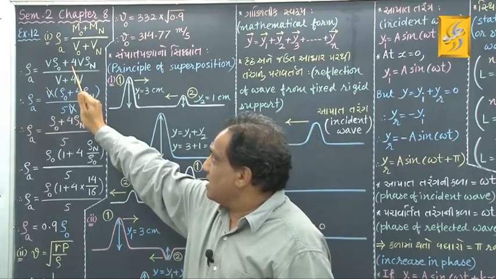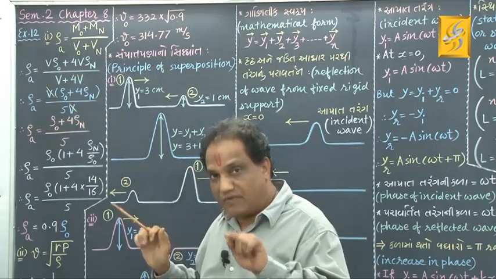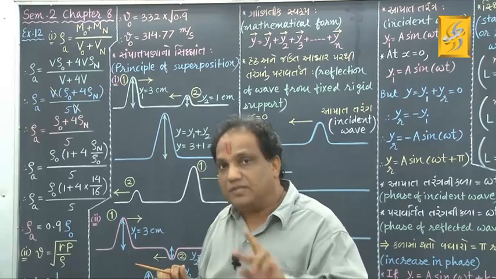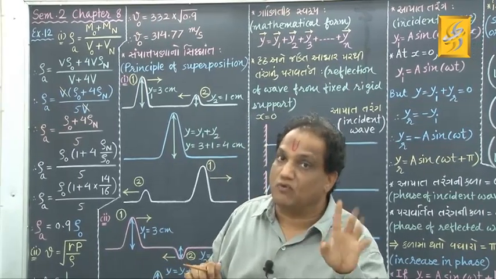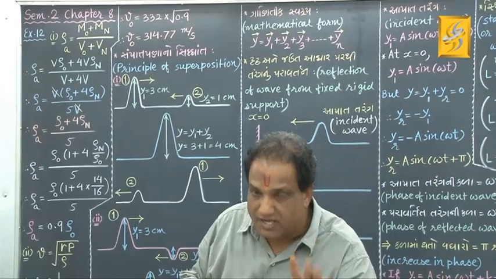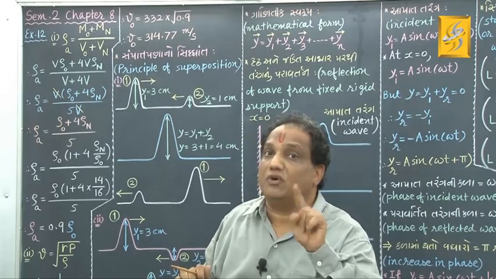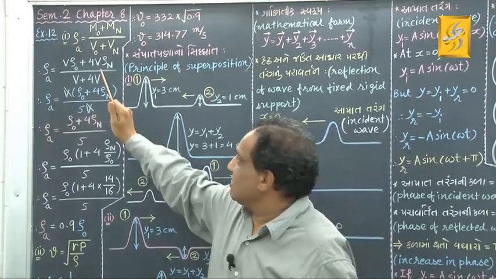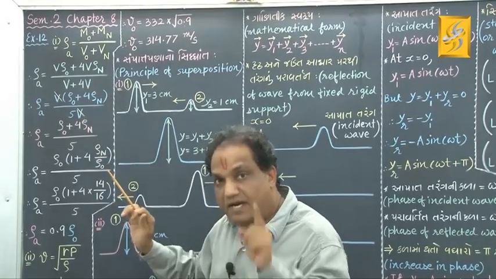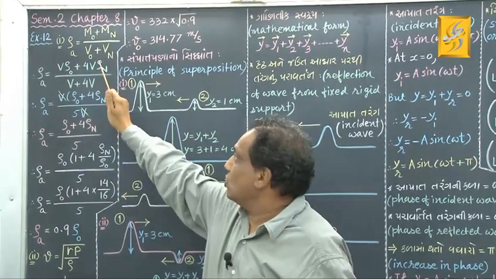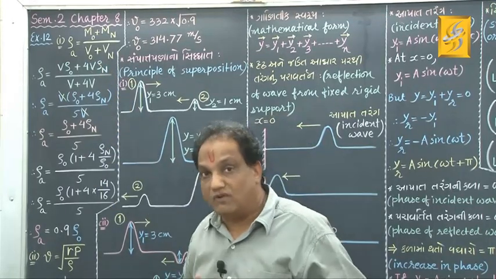Volume of nitrogen at present is 4 into V because they have given that in the mixture, the proportion of oxygen and nitrogen is 1:4. Meaning thereby, if volume of oxygen is V, then volume of nitrogen is 4 into V. That's why volume of nitrogen I am writing 4 into V, correct? Multiplied by density of nitrogen, that is rho N, N for nitrogen, divided by total volume.